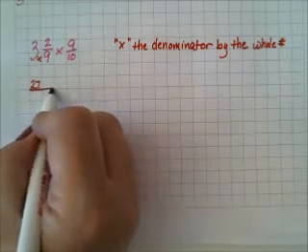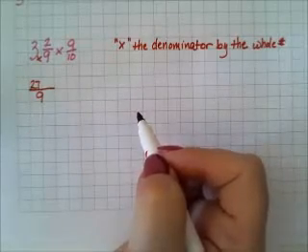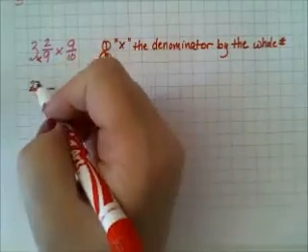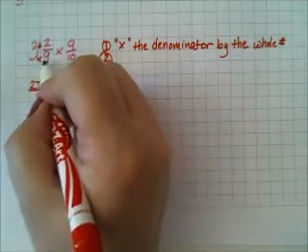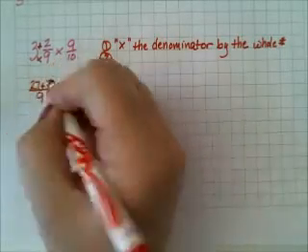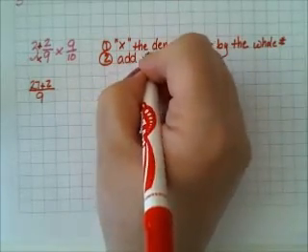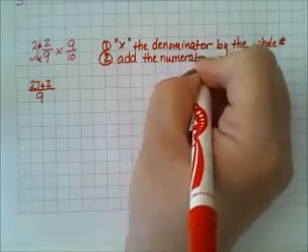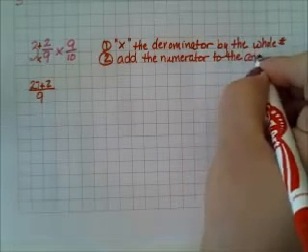Now, we're still keeping our denominator of 9, okay? This is step 1. Step 2 is we need to add our numerator. So now we have 27, 9 times 3 is 27. We're going to add the numerator to the answer.